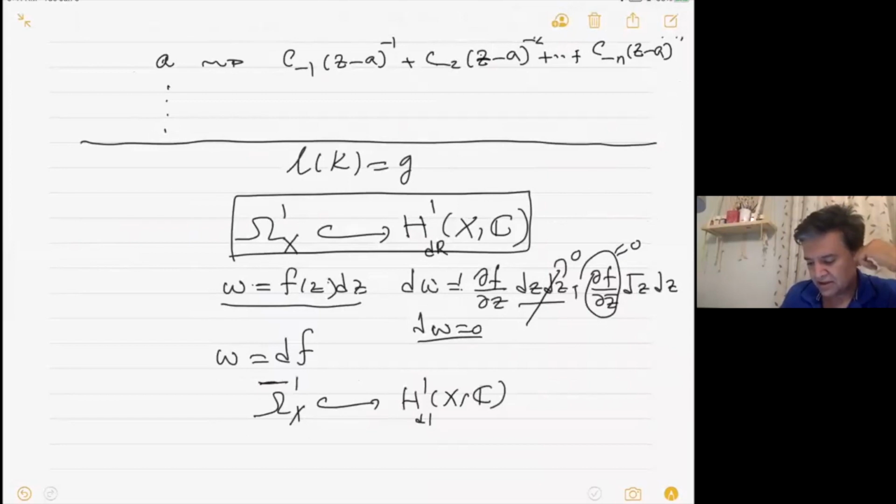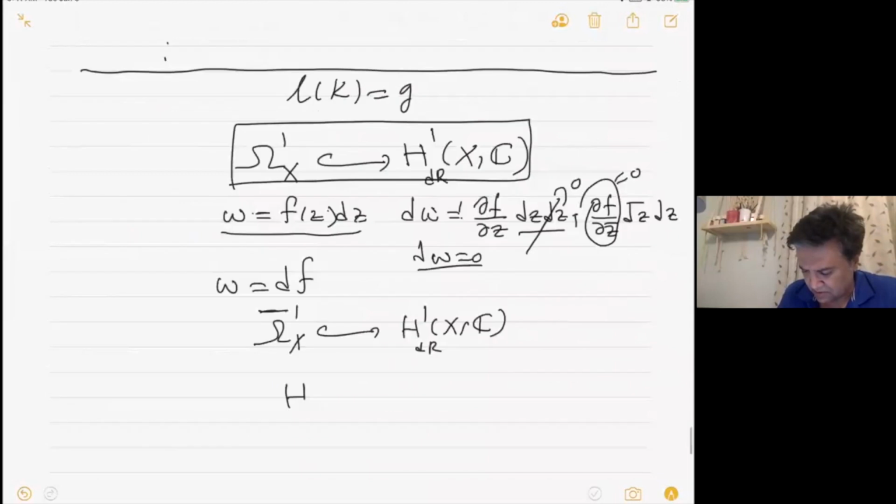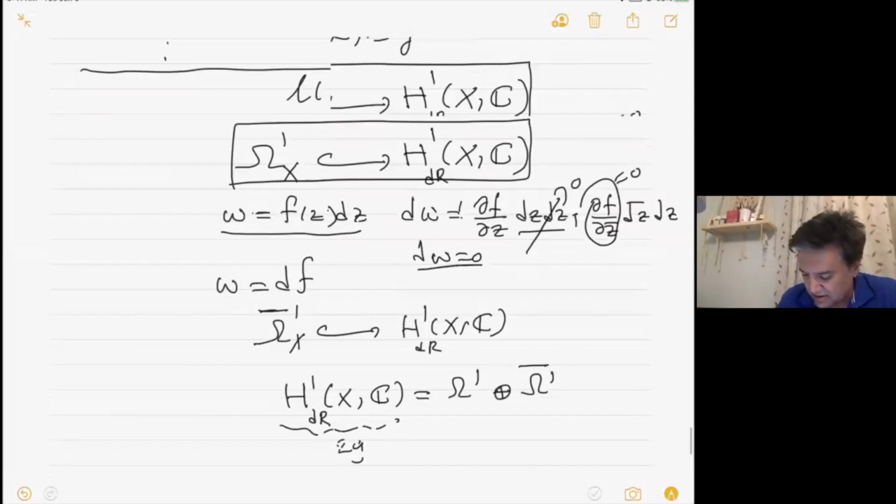And using a little bit of complex geometry, namely the Dolbeault theorem, I'm not going to discuss this today, but probably we have to also talk about this in some lectures in the future, H1 of x is the direct sum of these two copies. And we all know this is a 2g-dimensional space.